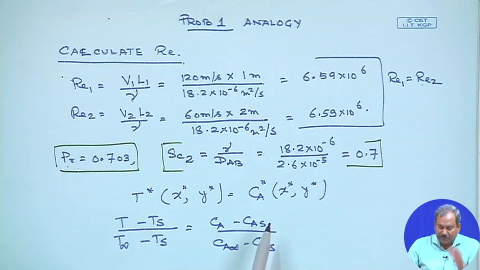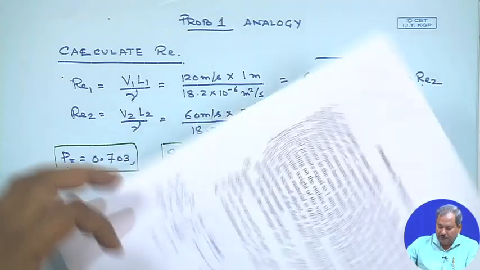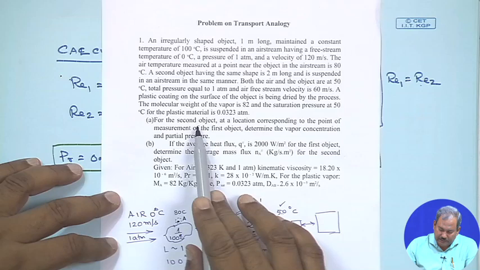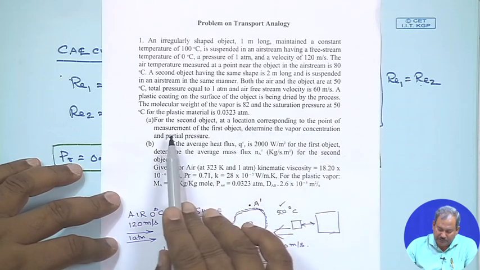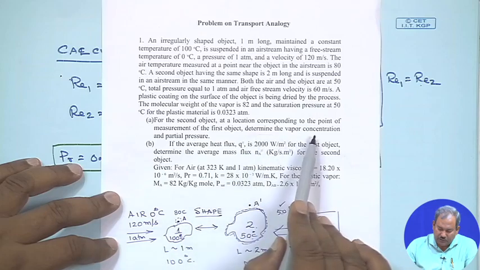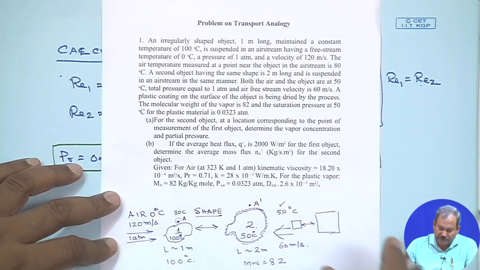Now, as was mentioned in the problem, the location for measurement was identical between object 1 and object 2. The problem was to evaluate, at a location corresponding to the point of measurement of the first object, what would be the vapor concentration and partial pressure.